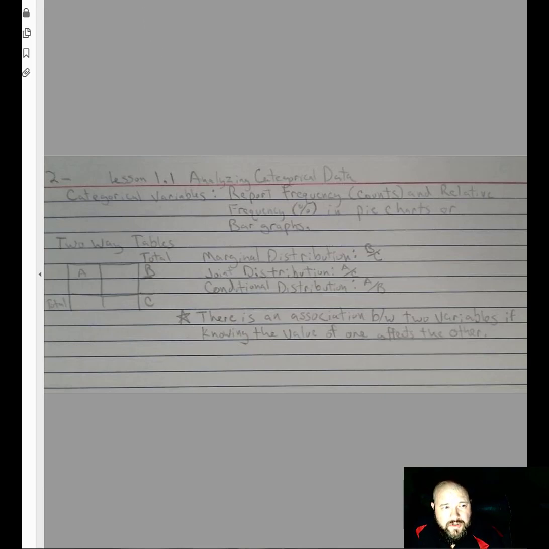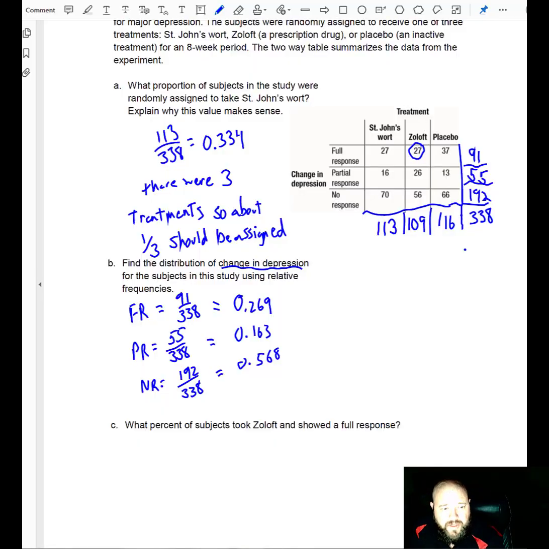So they want to know the joint distribution based on who took Zoloft and got a full response. So you're simply taking 27 over 338. And that should come out to equal 0.08. In essence, that is simply just 8%.